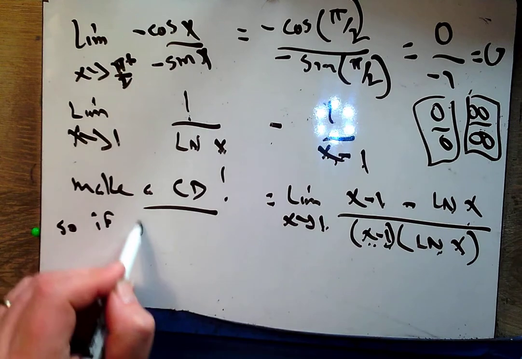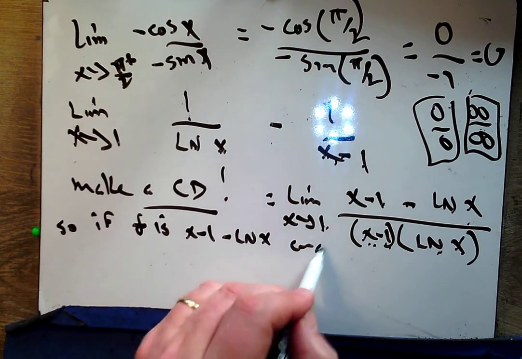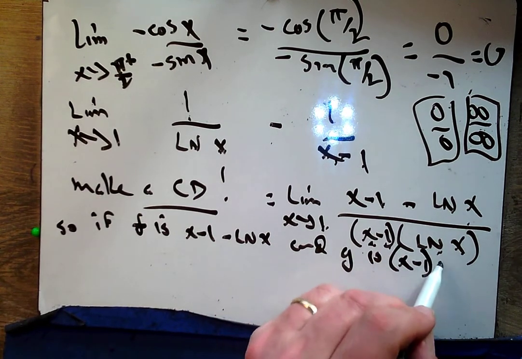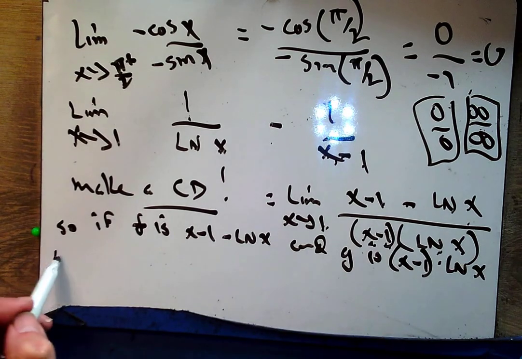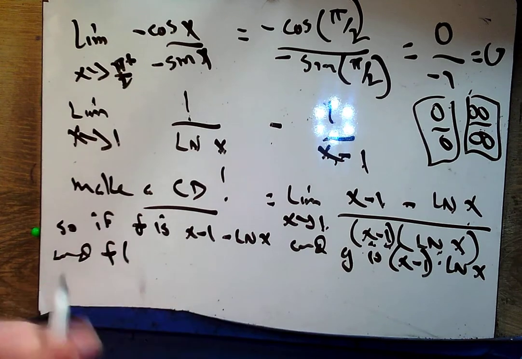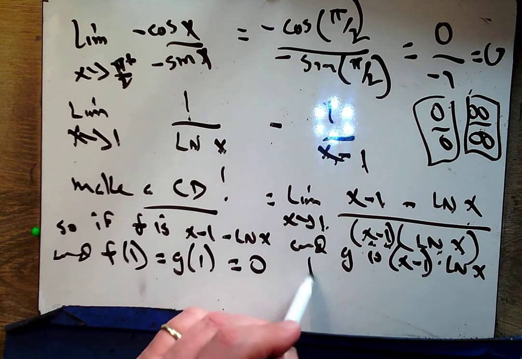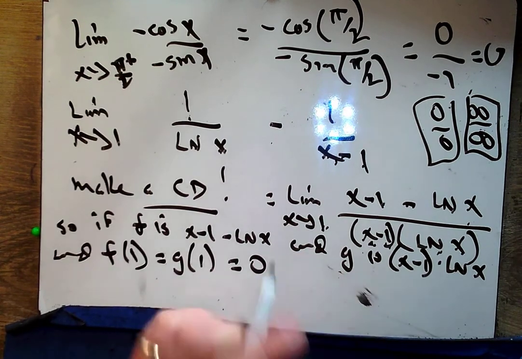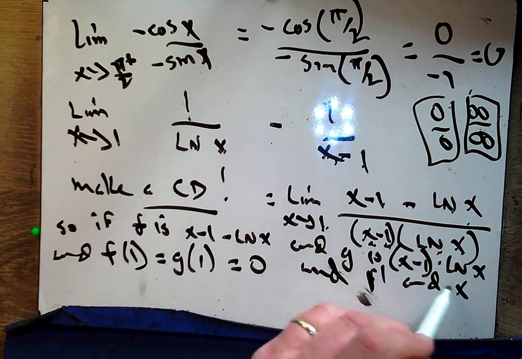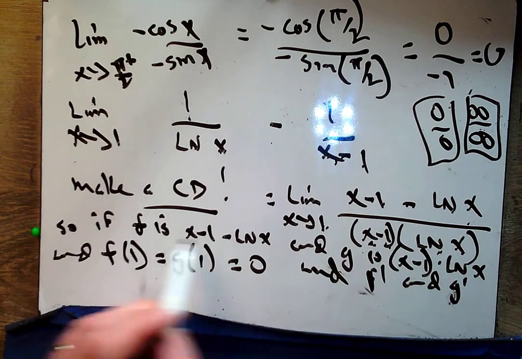So if f is x minus 1 minus ln of x, and g is x minus 1 times ln of x, and f of 1 equals g of 1 equals 0, and f prime and g prime, in fact, I just want to know at 1.